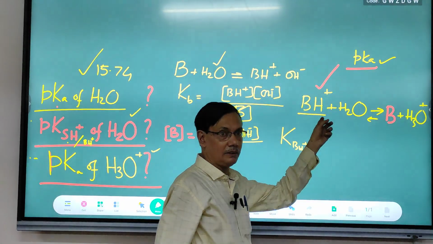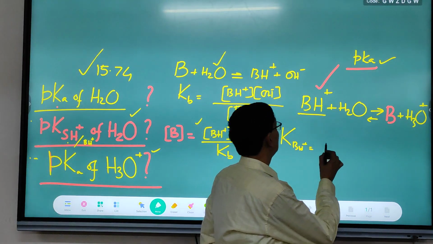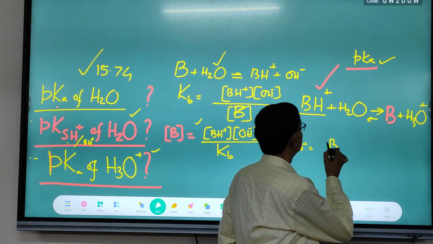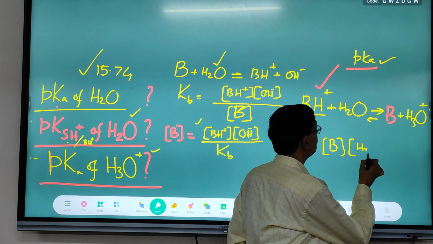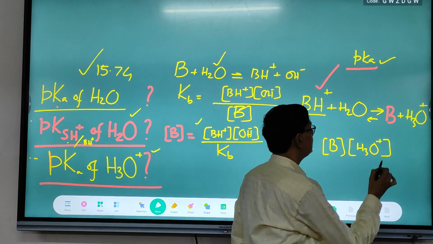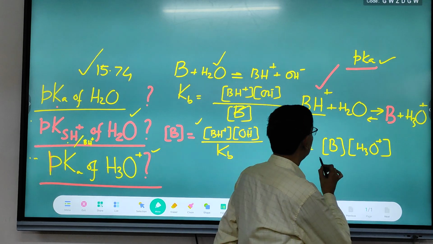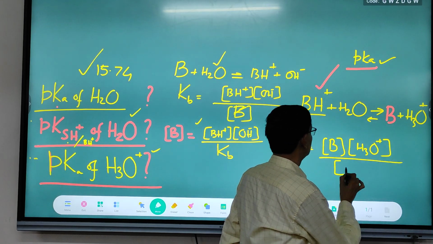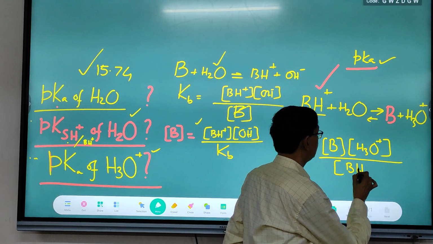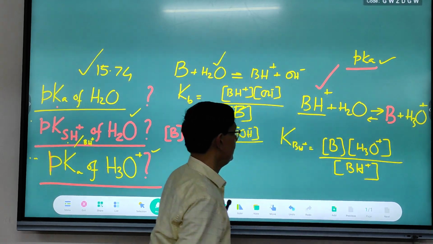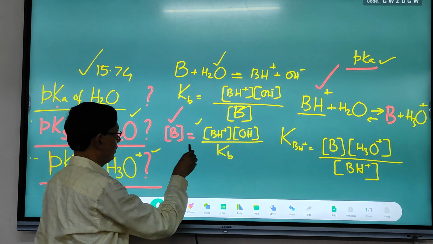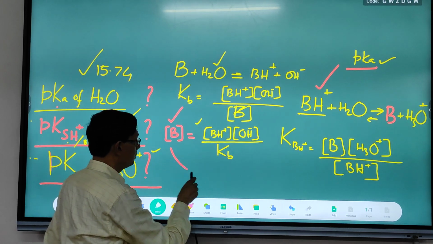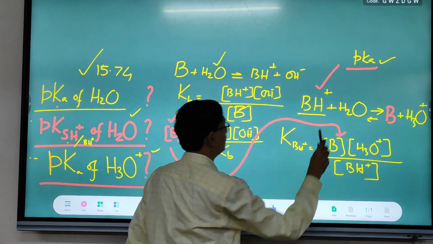So this is a protonated part, its conjugate part. So this is equal to B and H3O+, because existence of bare proton is very, very rare. So water remains constant. Clear? Now substitute the value of B from here to here.